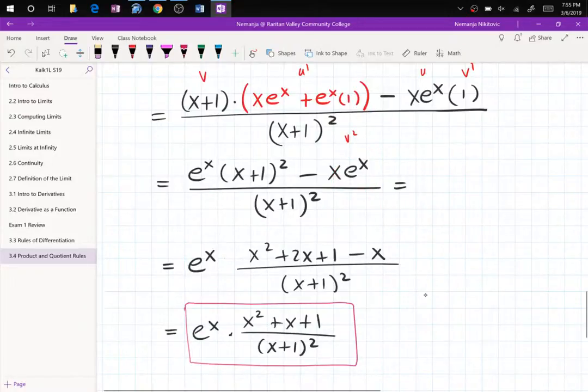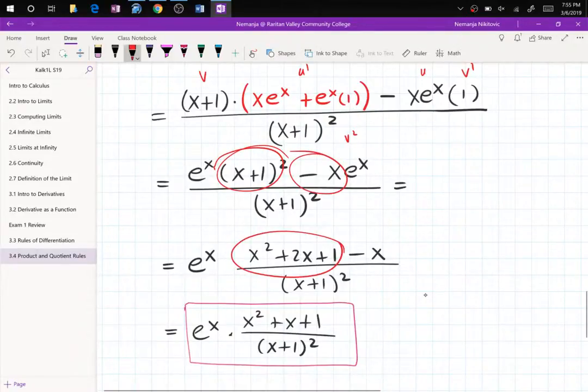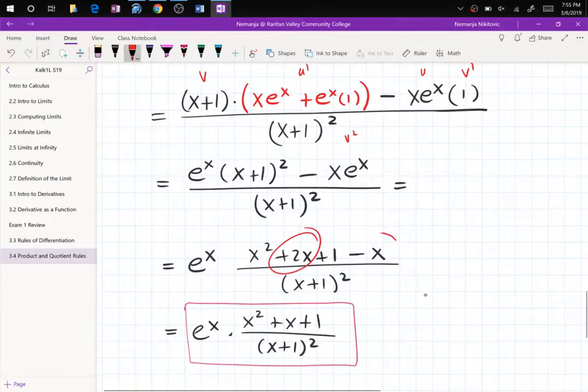So now that we have e to the x out, the rest is FOIL this and then subtract x. So here's the FOIL and subtract x. And then from there, just combine the like terms, 2x and negative x, to obtain this positive x here, and the problem is solved. And the problem is factored, ready for you to set equal to 0 in chapter 4.